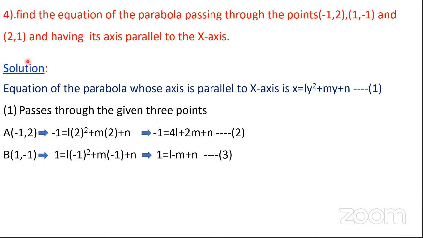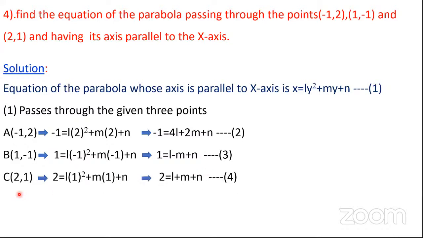Now, we also have another point C, 2 comma 1, on the parabola. Let us substitute the point C, 2 comma 1. So, in place of x, we have to substitute 2. In place of y, we have to substitute 1.